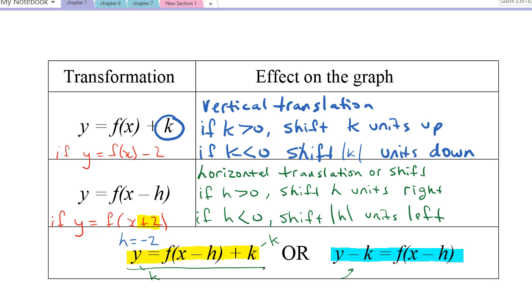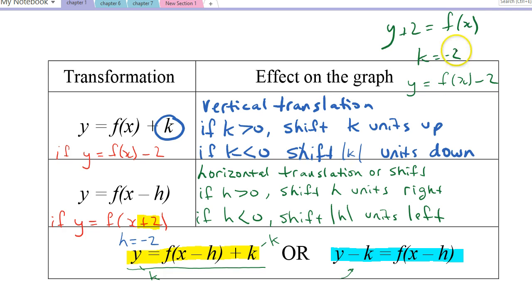So we still use the same thing. We still think what the k value is. So even if there's that minus sign, say if we had y plus 2 is equal to f of x, then in this case k would be equal to -2, and you could see that would be the same thing as saying y is equal to f of x minus 2, right?